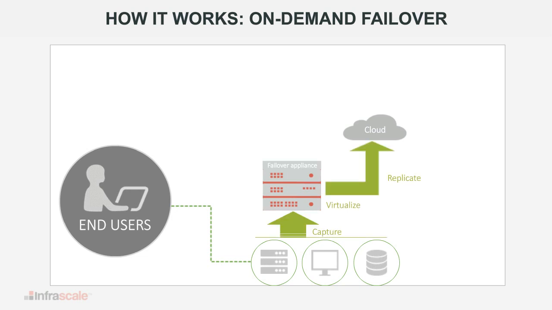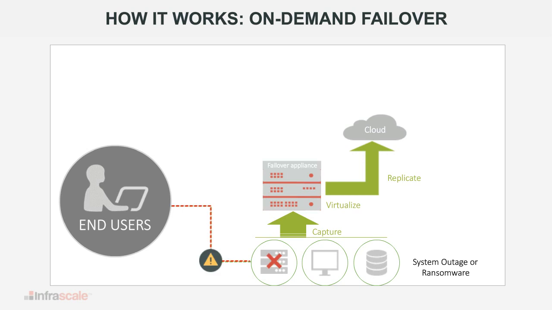So we're going to capture the systems to the appliance, and then we're going to dedupe them to compress the amount of data that's stored and replicate those systems up to the cloud. So we've got 2 copies of those systems. We have one locally on the appliance and one centrally located on the cloud.